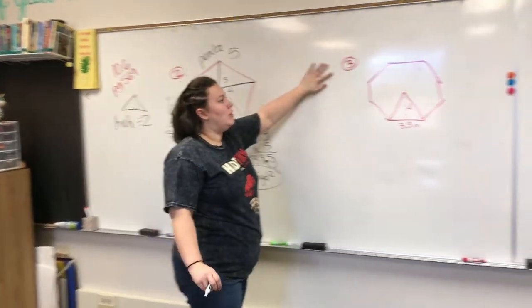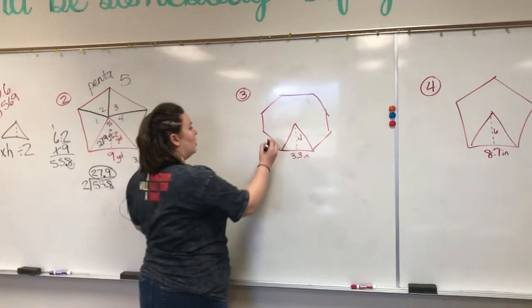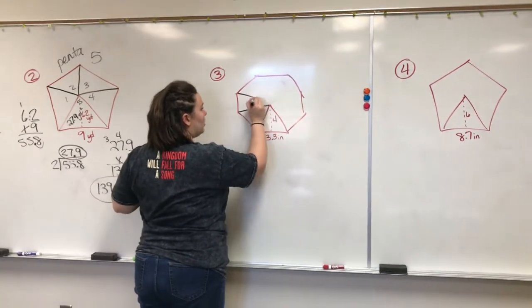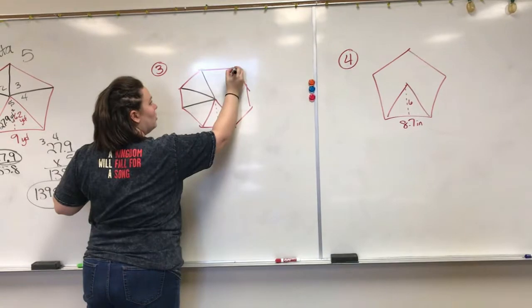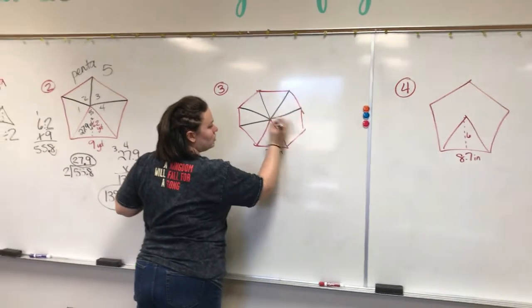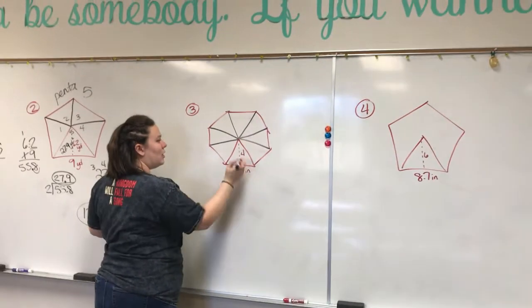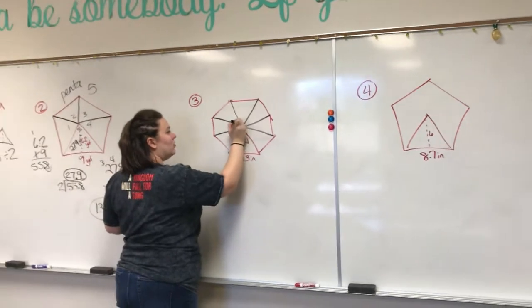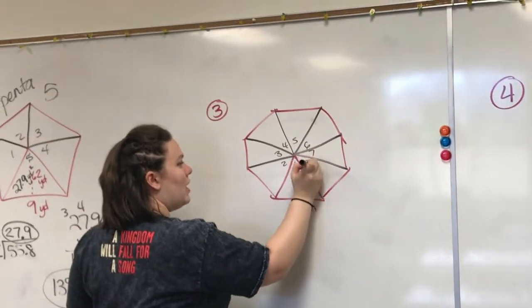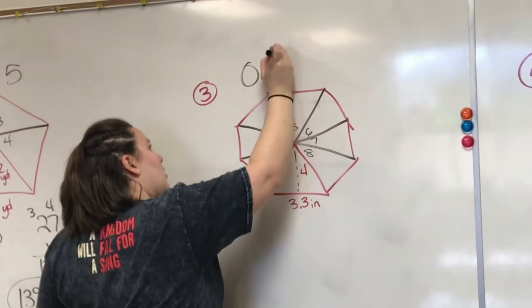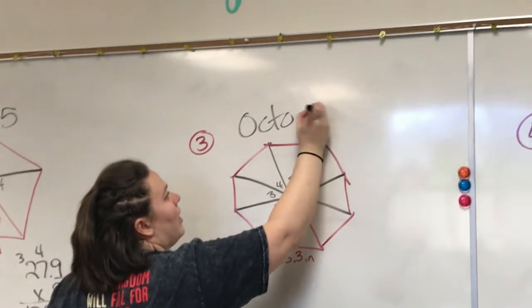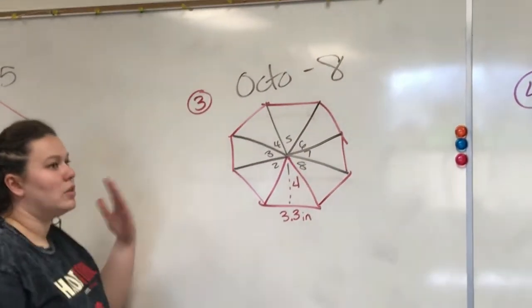Okay? Number 3, there's a corner. Bring all the corners to the center and then label it. 1, 2, 3, 4, 5, 6, 7, 8. An octagon has 8 sides. This is an octagon.